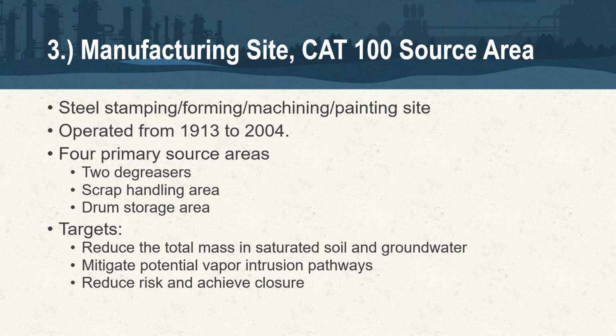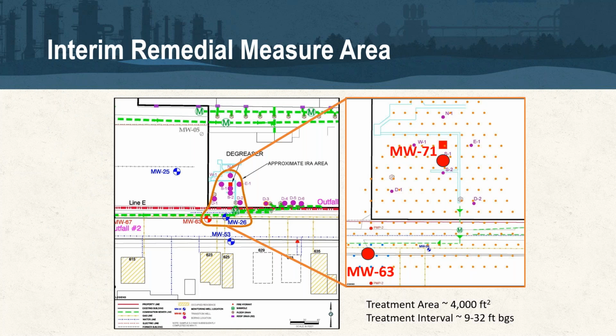And there were multiple degreasing areas, scrap handling area, drum storage area, so kind of your typical manufacturing site chlorinated source areas. So this was our initial injection area out on the site, about 4,000 square feet, with a treatment interval between approximately 9 and 32 feet BGS.